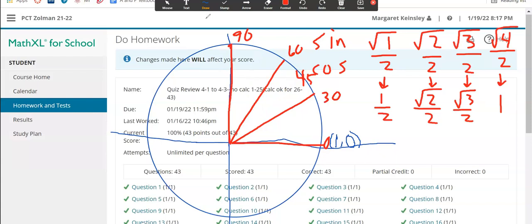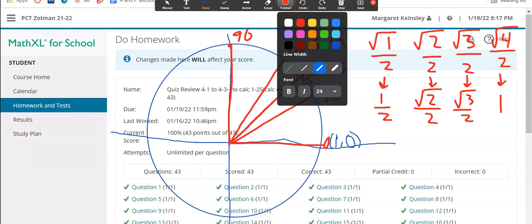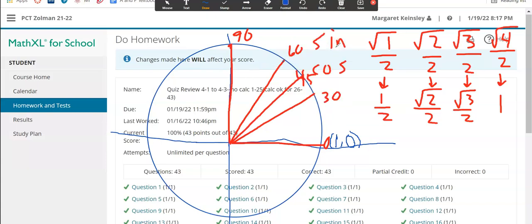Okay? So that when you start drawing your X's, you've got your 4 numbers right there, right? 1/2, radical 2/2, radical 3/2, and then on the outside edge 1.